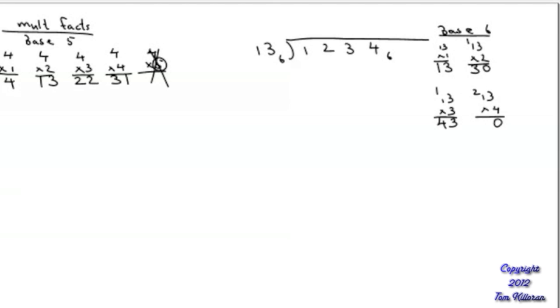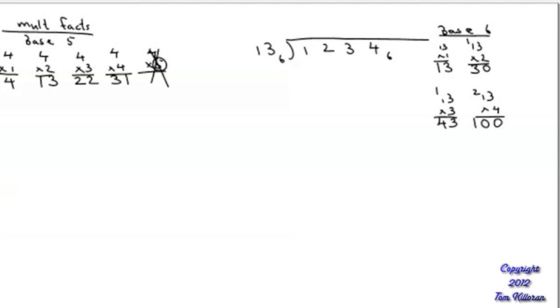Don't say 100. 1 0 0. 4 times 1 is 4 plus 2 is 6. 1 goes into it with a remainder of 0. You get 1 0 0. It is 1 0 0, not 100. It's 36. That's 36.